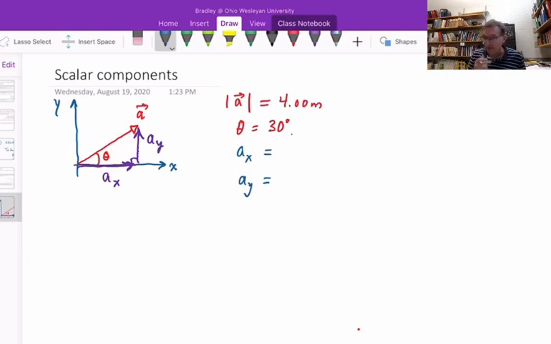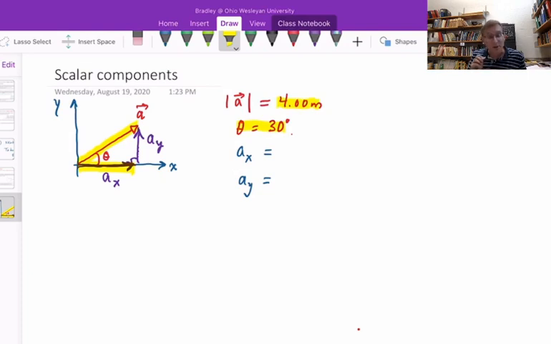This is where we use the right triangle trigonometry and definitions of sine and cosine. All right, let's just think about this a minute. This is really important, what I'm about to say next. What I want is that side right there. I want a sub x. Let's start with that. That side, notice, is adjacent to the angle theta. One of the things I know is the length of the hypotenuse, because that's the magnitude of the entire vector. That's 4 meters. I also know the angle theta, 30 degrees.